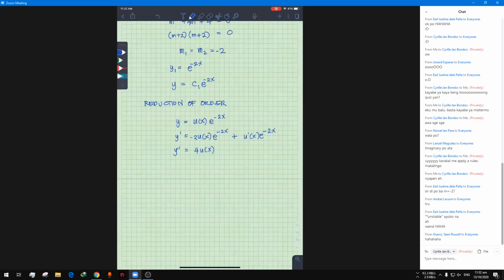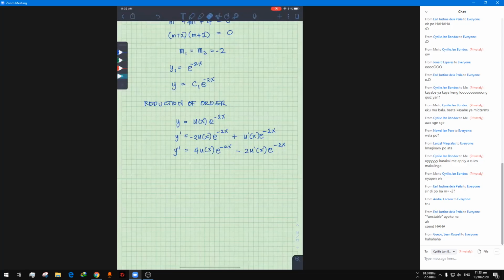Okay, so 4 u of x e raised to negative 2x. And then I'll have negative 2 u prime of x e raised to negative 2x. Tapos yung pangalawang term, minus pa rin siya.